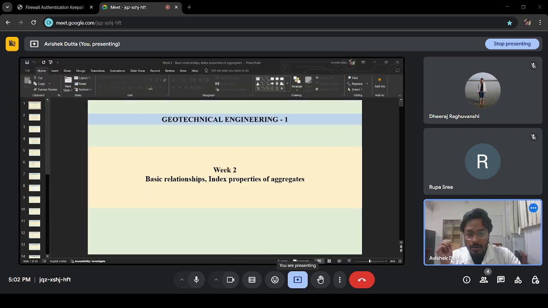Like the previous session, this class also has a combination of multiple choice questions, true false statements, and a few numericals. I'll first start dictating the questions. All of you need to write down the questions as I dictate, and I'll give you time to write down the questions and the options.